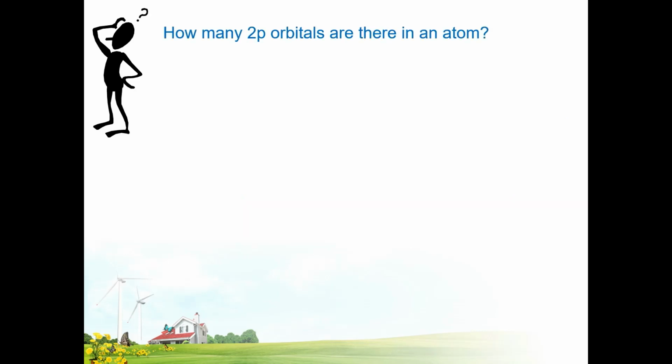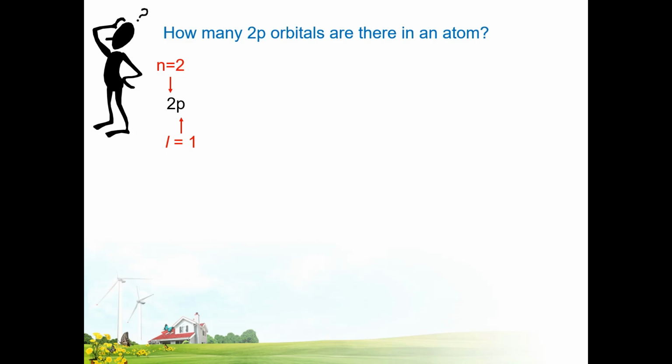Next question. How many 2p orbitals are there in an atom? That's 2p. When we look at that number and alphabet, 2 means n equals 2. p means l equals 1. Because you know that for n equals 2, l is 0 and 1. 0 stands for s, 1 stands for p.